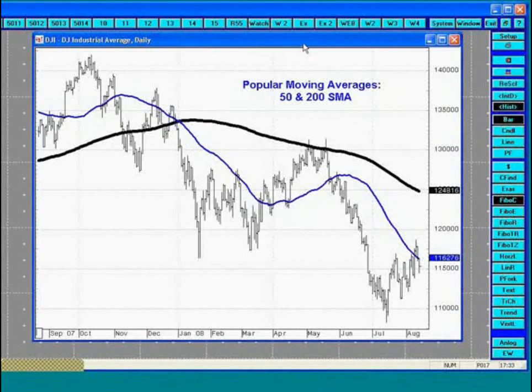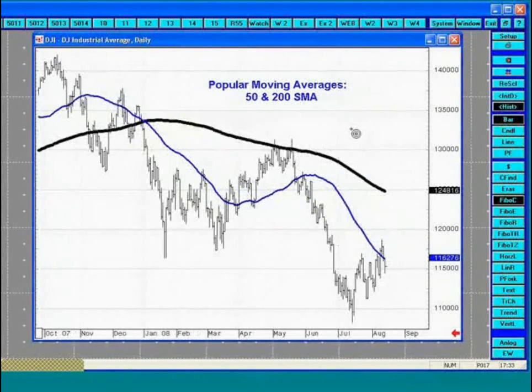It is a 50-period simple moving average of the close and a 200-period simple moving average of the close. Whenever you're listening to CNBC, they may mention these moving averages. A lot of people follow these moving averages, especially on the daily level and especially with regard to the stock market, and you can see why.